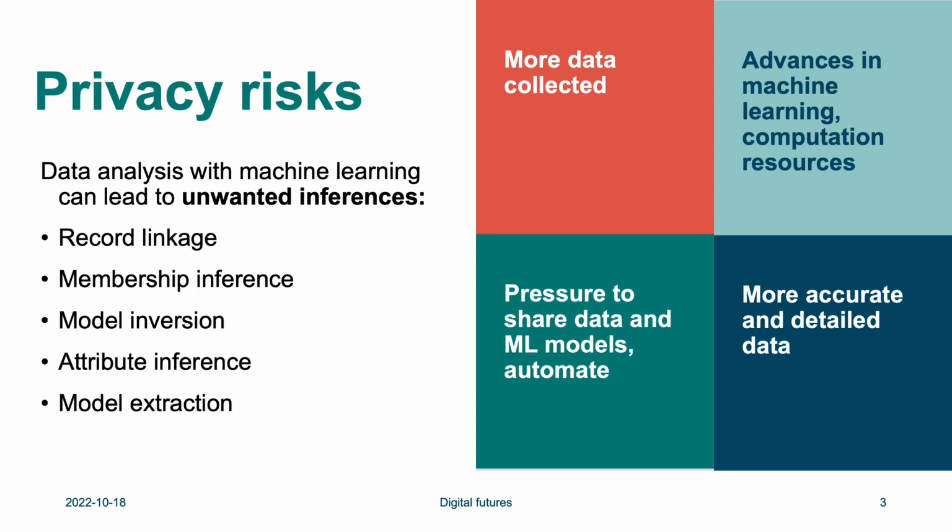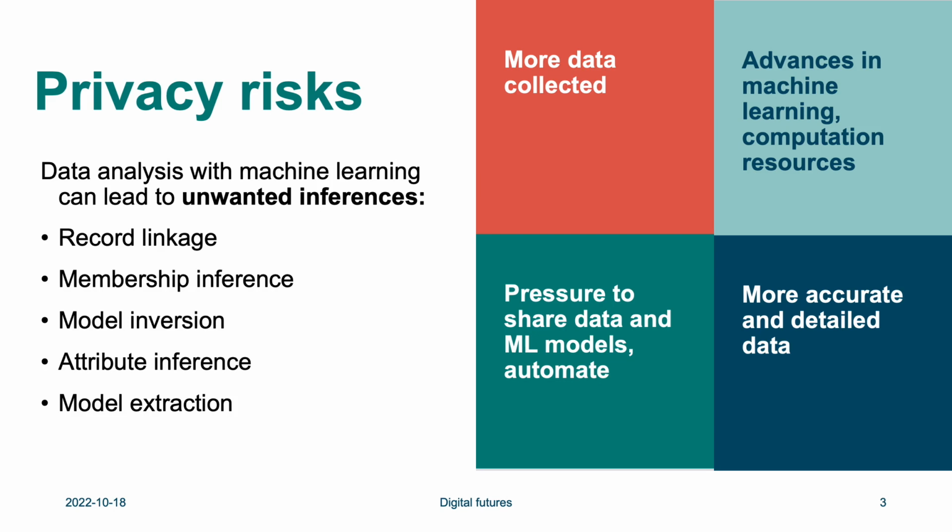We get a lot of benefit from using machine learning for data analysis, but it comes with a few risks. One of the risks is that someone could be able to link a particular record to an individual, even if the record in a database has been anonymized or pseudonymized or de-identified. Then machine learning models may retain information about the data that they have been trained on.